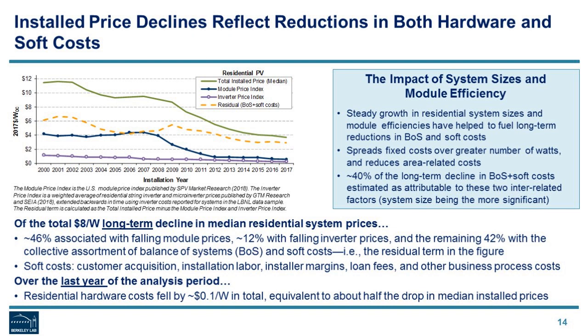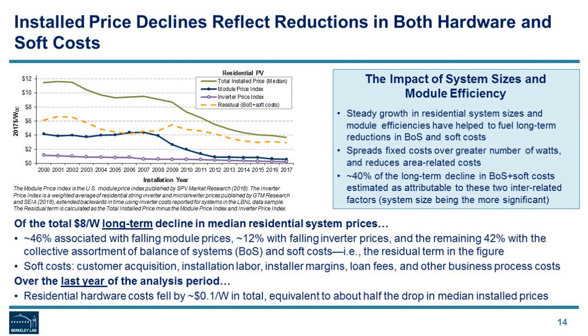And that's what we've done here, where we show the installed price trajectory for residential systems, that's the green line at the top, along with module and inverter index prices, which are the blue and purple lines. And then the dashed orange line is just the residual term, basically everything else. So, all the other balance of systems costs and the whole variety of soft costs as well.